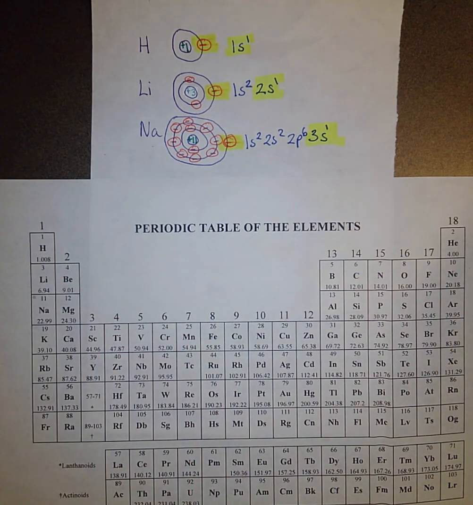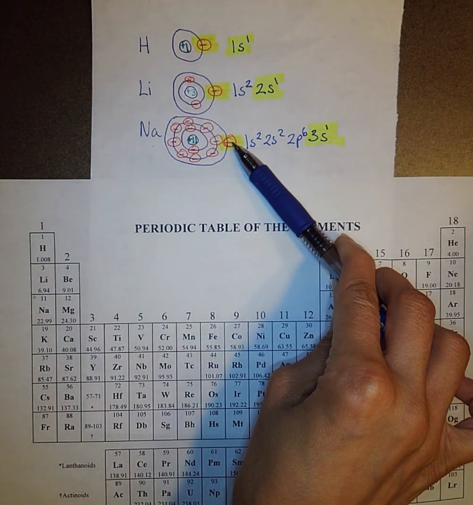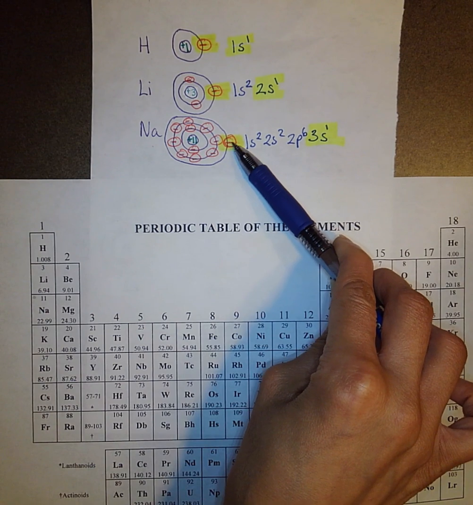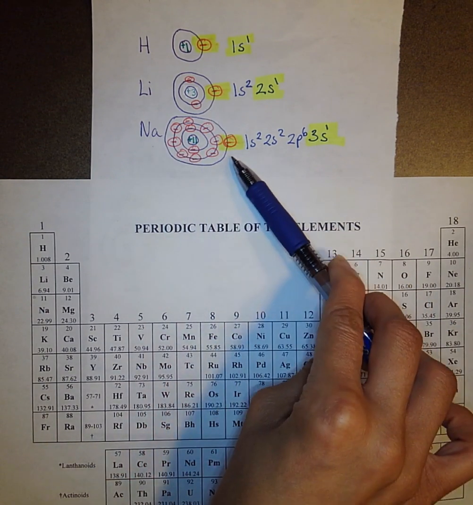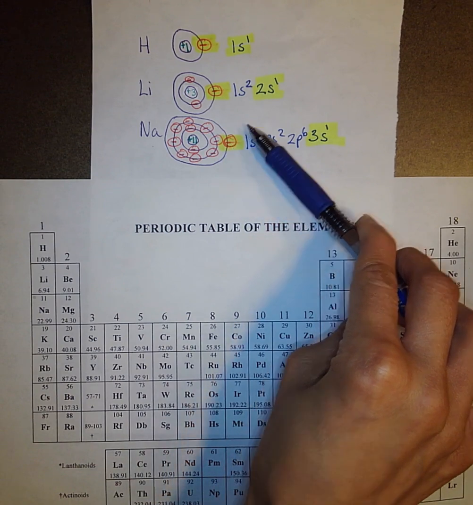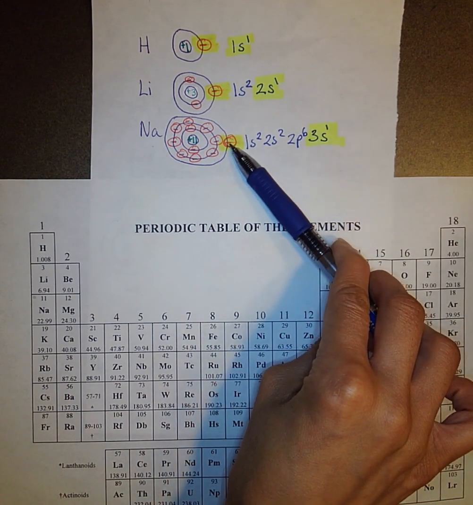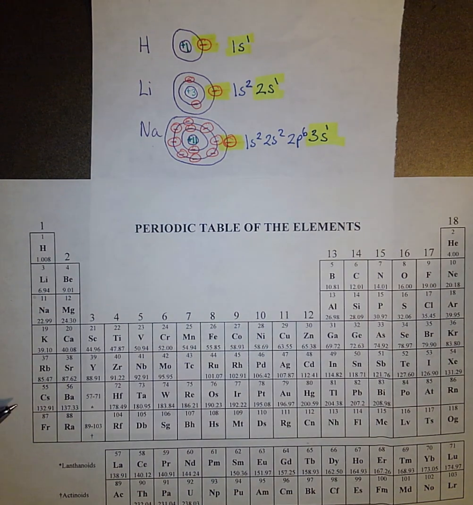Okay, so because that electron is being shielded, there's going to be less force that's going to cause this valence electron to stick around, and so it's going to be a lot easier to get rid of this valence electron. So as you move down, the atom gets bigger in size. If it does, there's more shielding that gets in the way, allowing the valence electrons to be released easily.